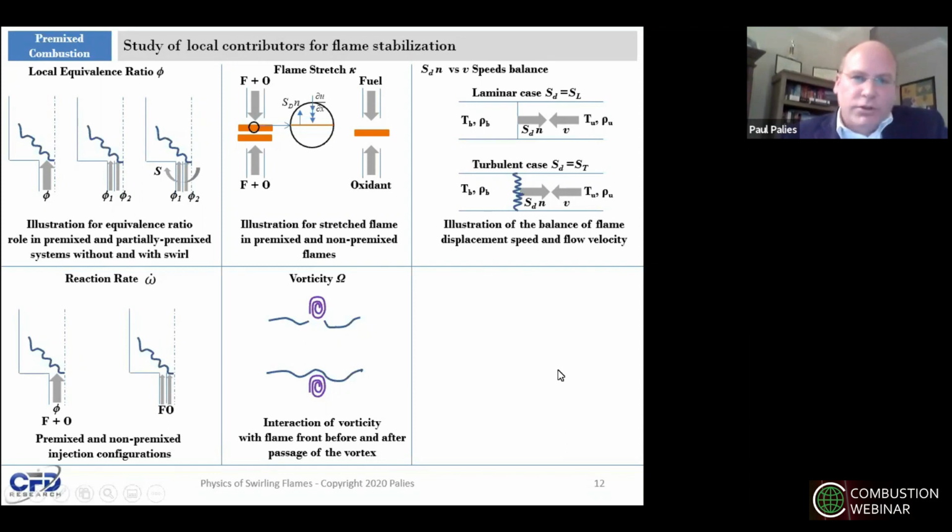You can see also at the center an illustration for a strained flame in premixed and non-premixed flames, where one component of the flow strain is highlighted, the du over dx. The top right schematic represents the balance between the flow speed and the flame speed once the flame is stabilized, for a laminar case and a turbulent case.